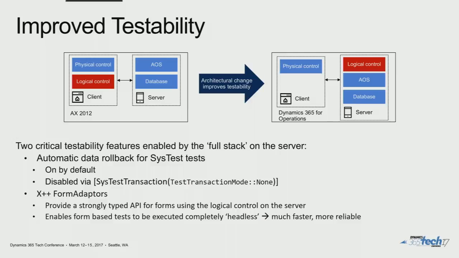There's coding errors, there's exceptions that get thrown in the test where things don't get rolled back properly, and then pretty soon you have a corrupt environment, your test fixture is now corrupt, and you might have a whole bunch of tests that are going to fail. So the automatic rollback, which is baked into the sys-test framework, ensures that you're back to the state that you started with before the test began, and then you can go forward with confidence.